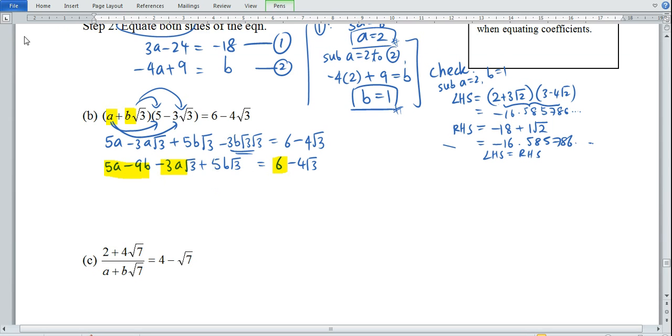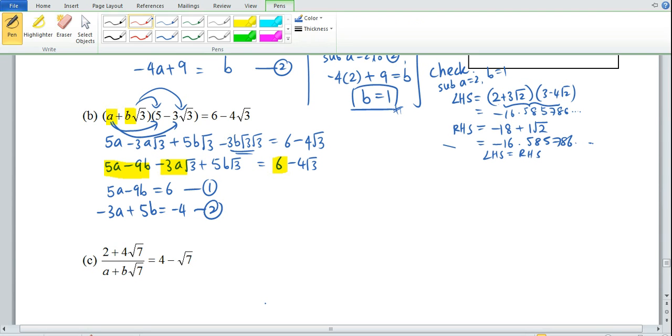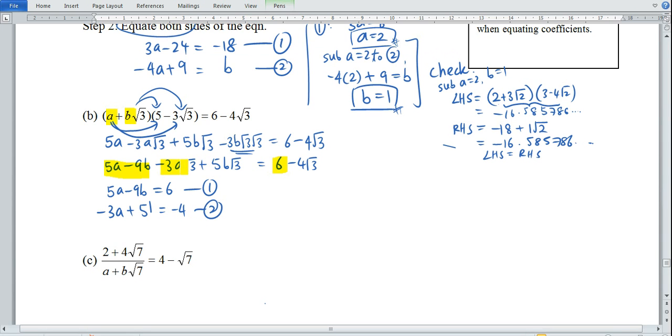So I'm going to form my two equations again in order to find the two unknowns, A and B. This is my equation 1, and looking at the third terms, I will have my equation 2, because the third terms: negative 3A plus 5B equal to negative 4.